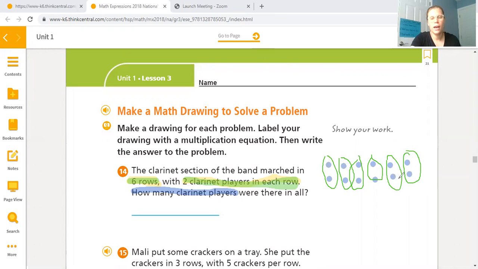Now we have our drawing there, and we saw that there were 12 clarinet players in all. So we would write down our answer of 12.